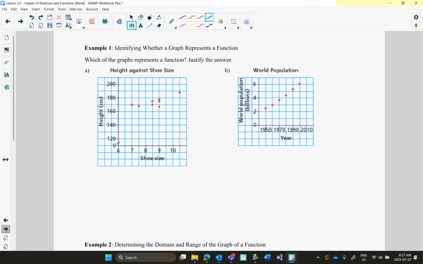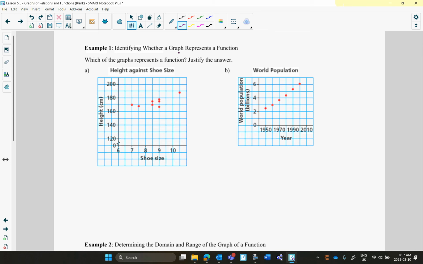So let's look at some examples. First example. All you're asked to do with these two graphs is state whether it's a function.